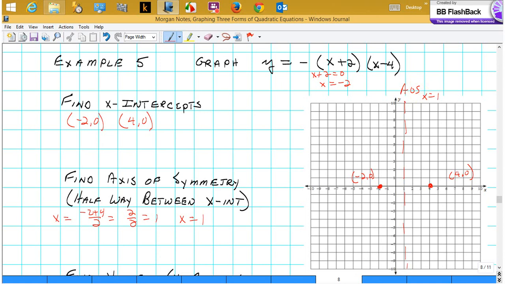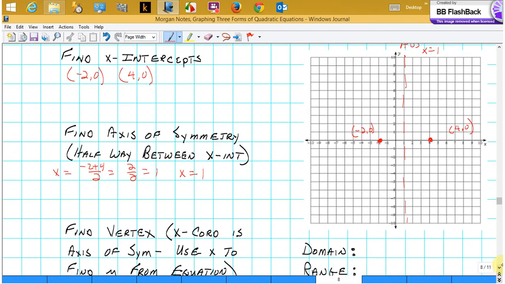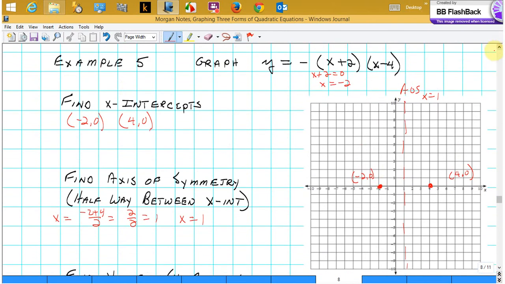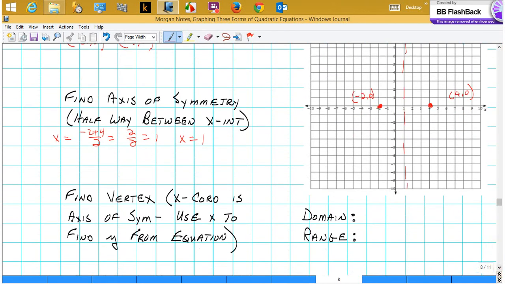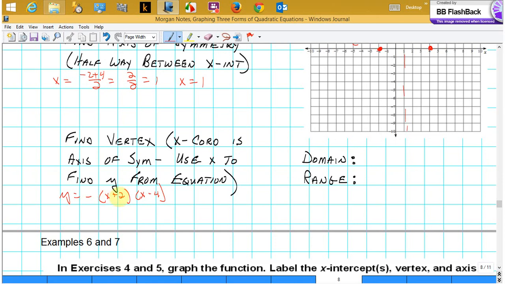Okay, so now that I know where the vertex is going to be on that line, all I have to do is put that value of x into the equation. And this equation was negative of x plus 2, x minus 4. So the x coordinate of the vertex would be 1, so let's substitute that into this equation. That would be negative of 1 plus 2 and 1 minus 4.